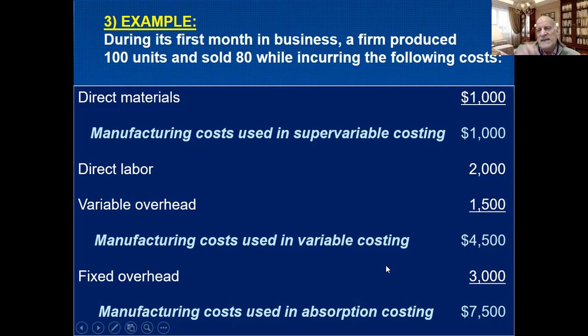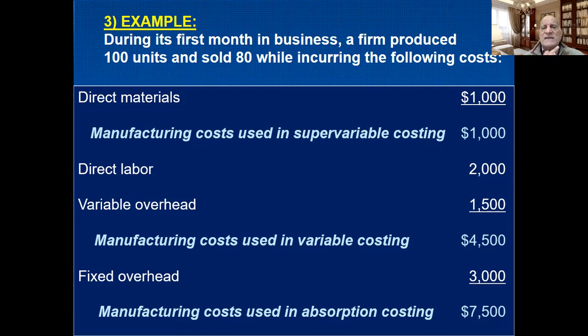Let us remember what we mentioned in study unit number 2. When speaking about methods of costing, we have three costing methods. The old one is absorption costing, under which all the manufacturing costs are assigned to products.